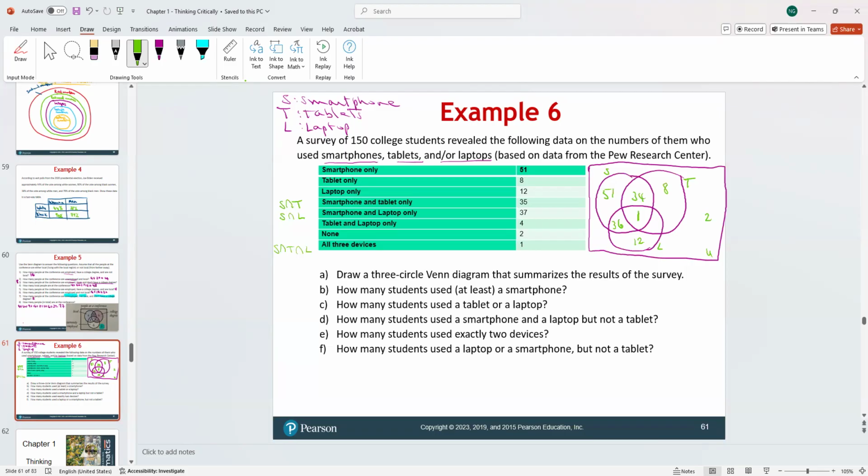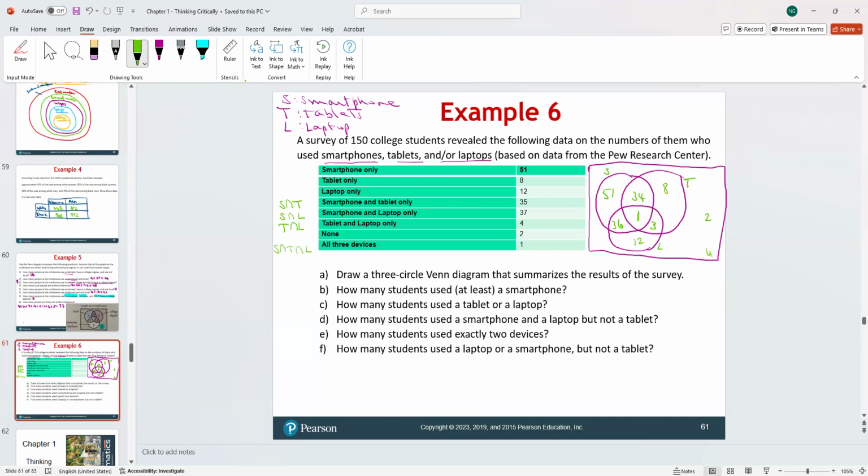Now, I'm going to have also tablet intersect laptop. So they said, how many is this one? It's 4. Because I already have one, I'll put 3. Well, we're done. We constructed a Venn diagram.